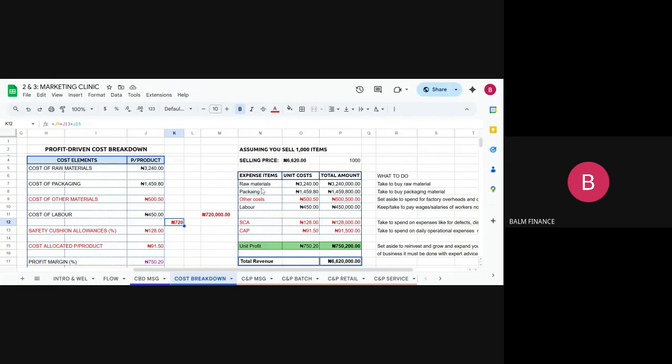And if she does that same exact thing, taking 3.2, 1.459 and 450 into raw materials, packaging, and labor respectively, she's going to have extra, the ones in red. If you add this 500, 128 and 91 500, it will come to 720,000 naira, right?